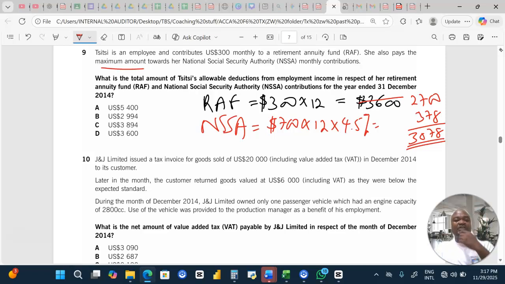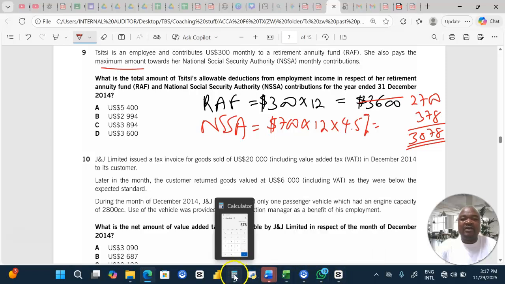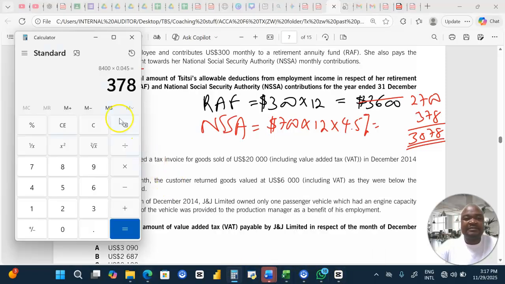That's it, ladies and gentlemen. So if you want to see if we get the answer there, let us use 3.5 instead of the 4.5 and see what we get. We are saying 700 multiplied by 12 multiplied by 0.035. That's 294.